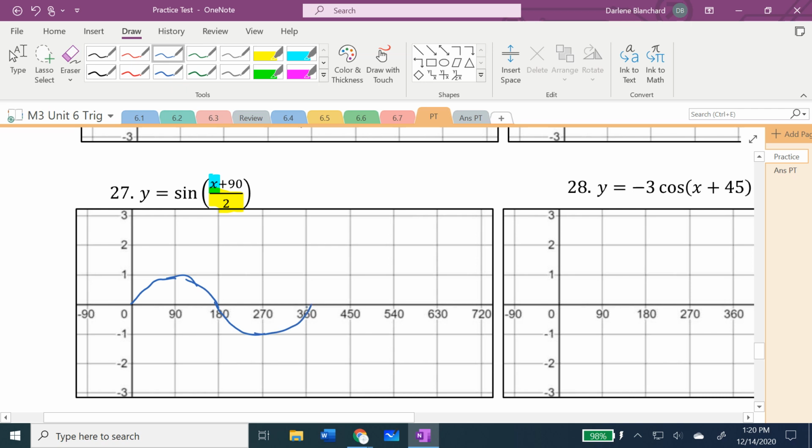I'm just trying to draw a quick graph. And instead of dividing x coordinates by 2, I'm going to multiply x coordinates by 2. That means that this high point of 1, which occurred at 90, is now occurring at 2 times 90, 180.